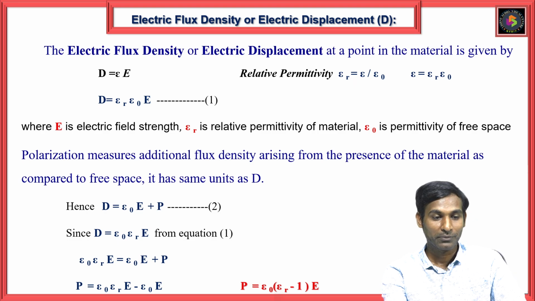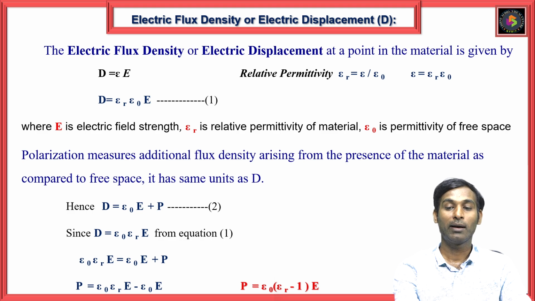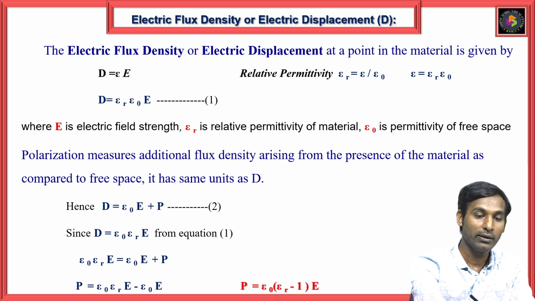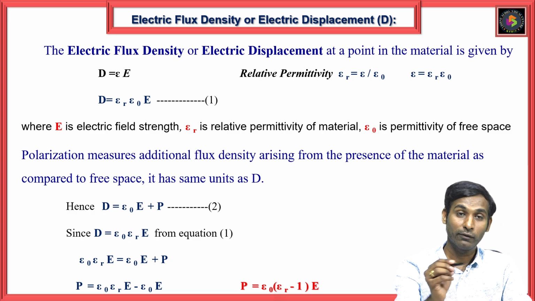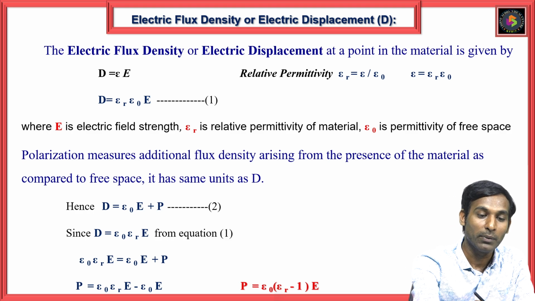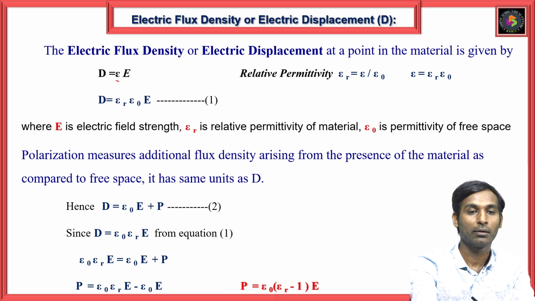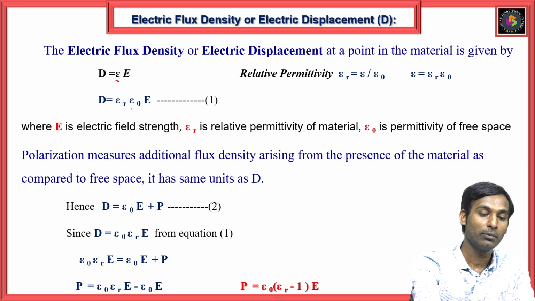Now you can see here, electric flux density or electric displacement at a point in the material is given by D is equal to epsilon into E. That means electric flux density is proportional to the intensity of the electric field. So the permittivity can be written in the mathematical equation as relative permittivity into the permittivity of free space.